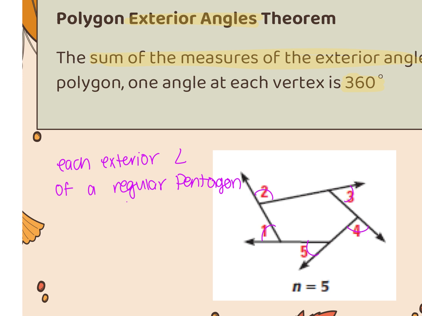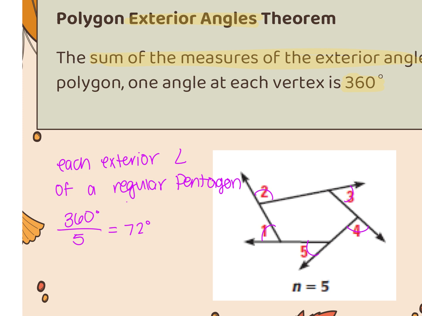So when I'm solving for this, how many sides are there in a pentagon? 5. How many exterior angles am I going to have in a pentagon? Also 5. I'm going to take that 360 and I'm going to divide it by 5 to give me 72 degrees.